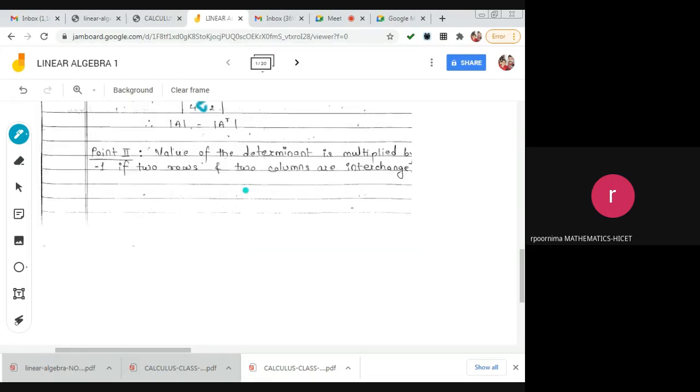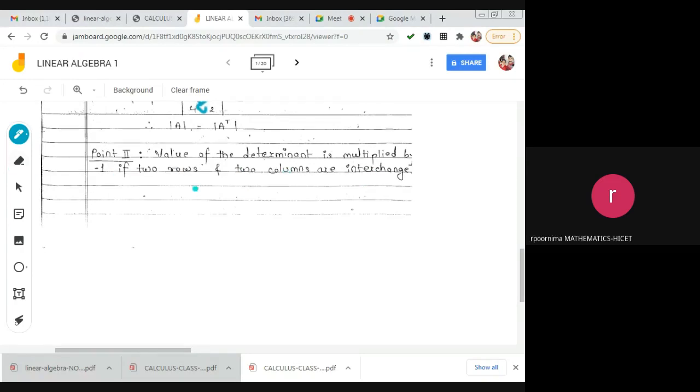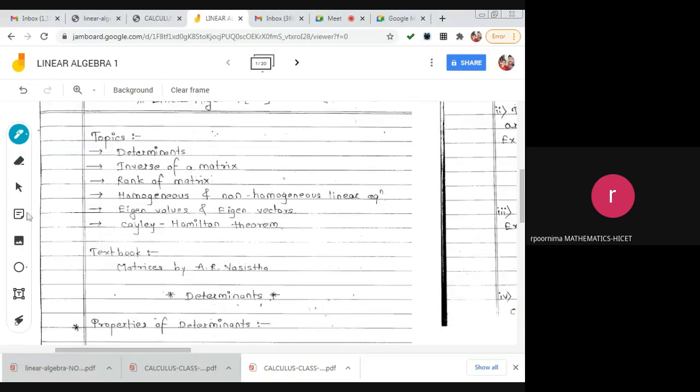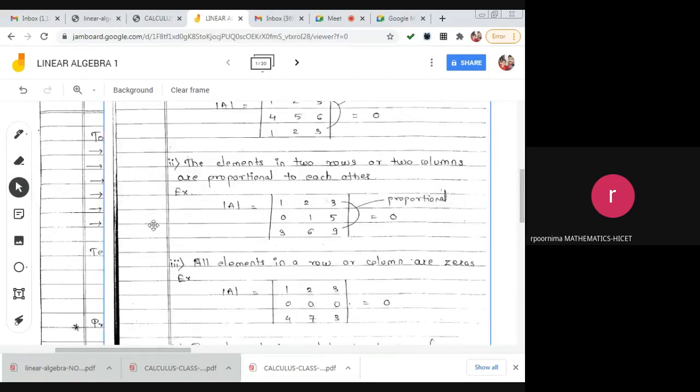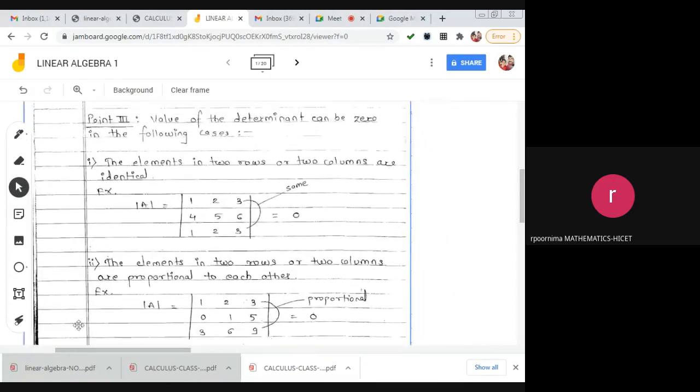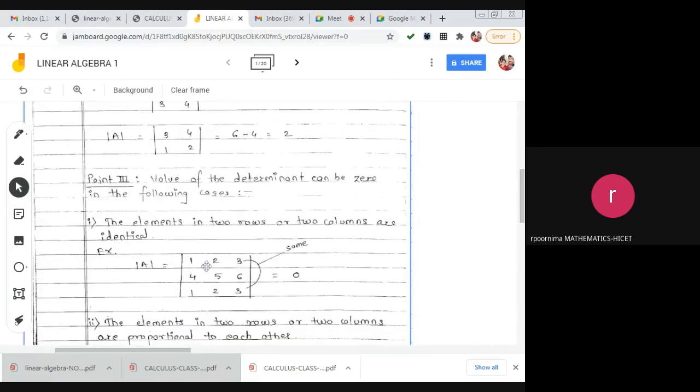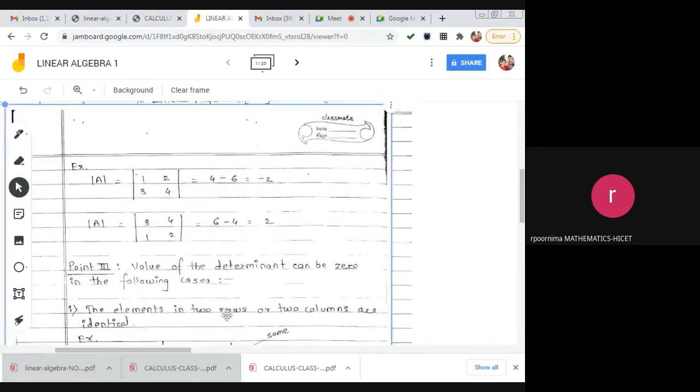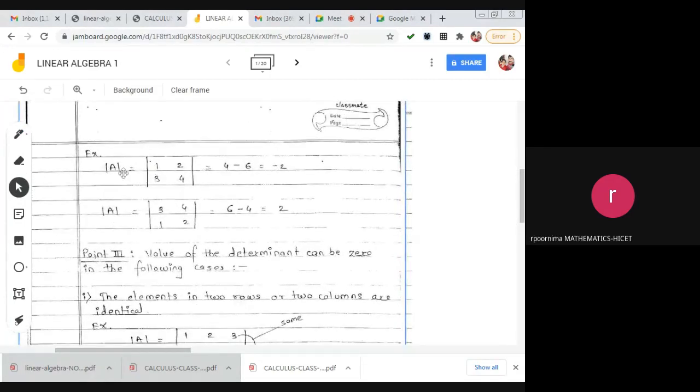The next property: the value of the determinant is multiplied by minus 1 if two rows or two columns are interchanged. For example, consider matrix A as 1, 2, 3, 4.